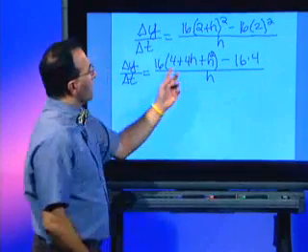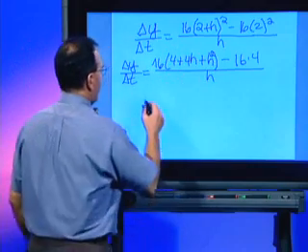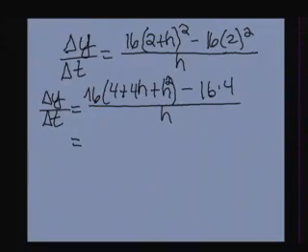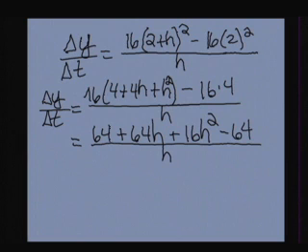And now we have to take the 16 and distribute it into there. So we'll get 64 plus 64h plus 16h squared minus 64 all over h. The 64s and the negative 64 here add up to 0.